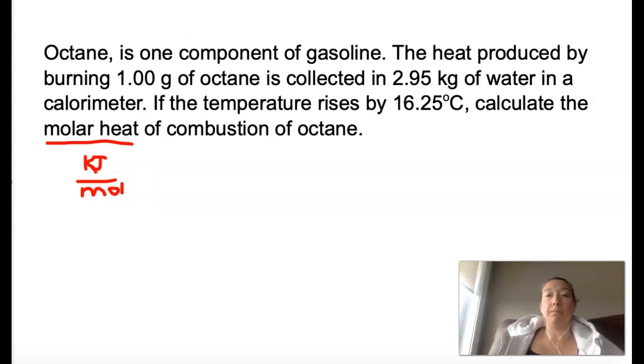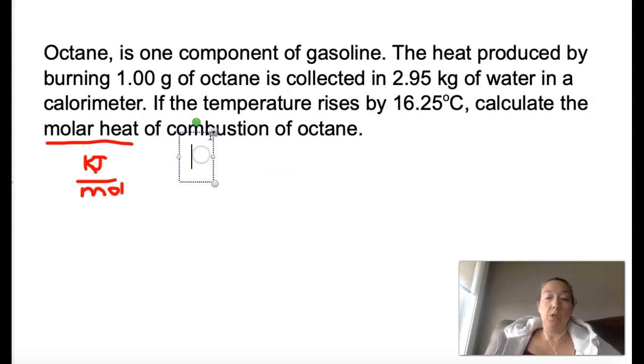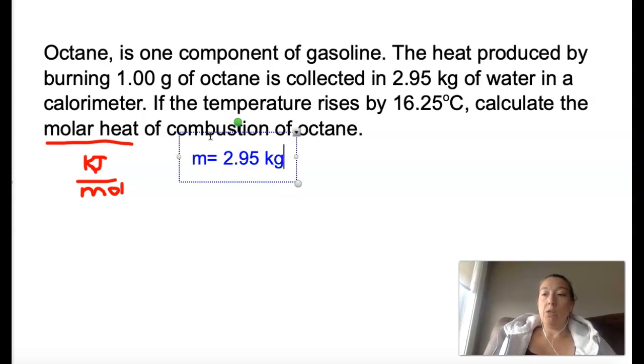Okay, if we look at the givens we have, whenever we're doing calorimetry, we should have MC delta T for water. So the mass of water is 2.95 kilograms. You're going to find that I want kilograms because I'm trying to get kilojoules. Remember we talked previously about how if we're doing kilojoules, we have to be in kilograms.